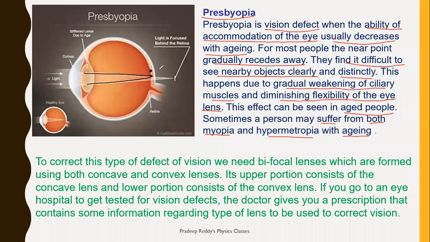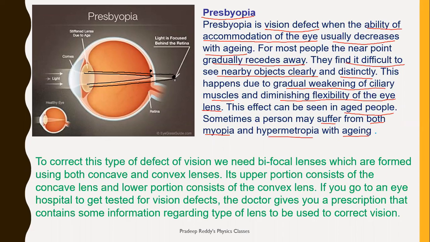But as age increases, the ciliary muscles get weakened. Because of that, the focal length cannot be adjusted. As a result, the image is formed beyond the retina. Generally, this happens with age.